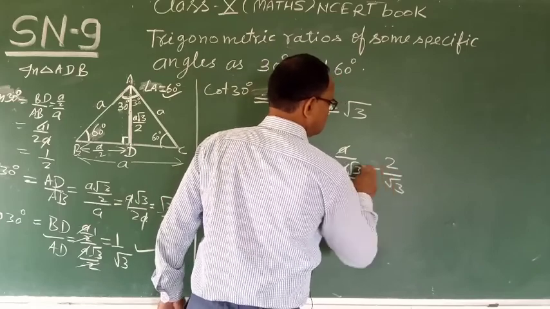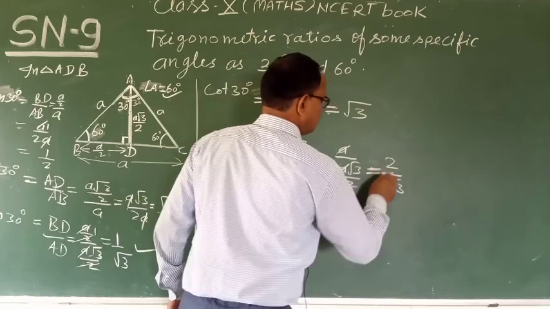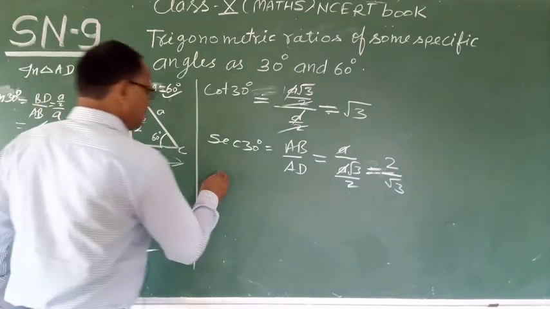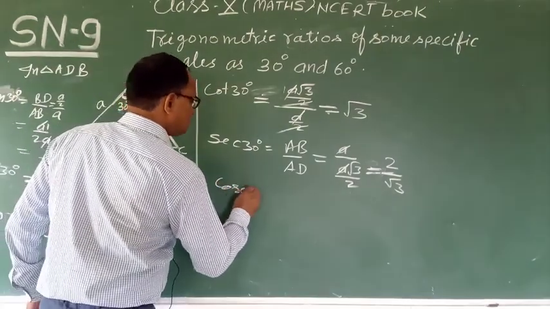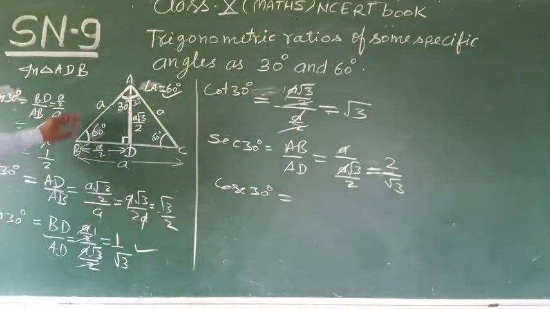It is the opposite of cos 30 degree. Here cosec 30 degree is equal to, it is the opposite of sin 30 degree.